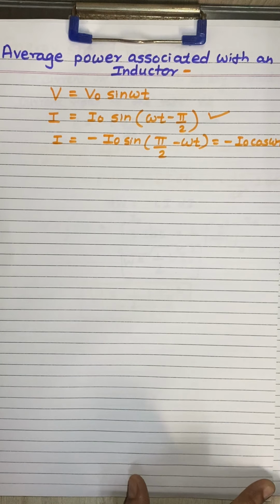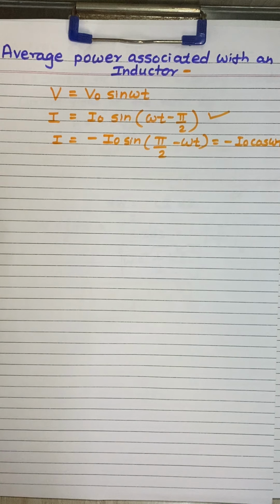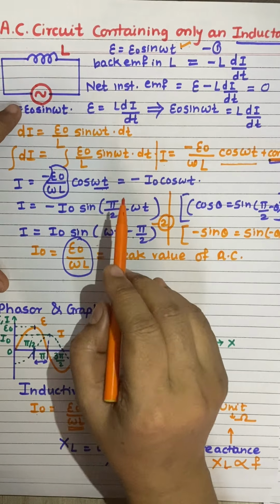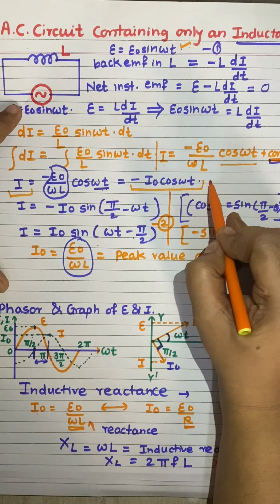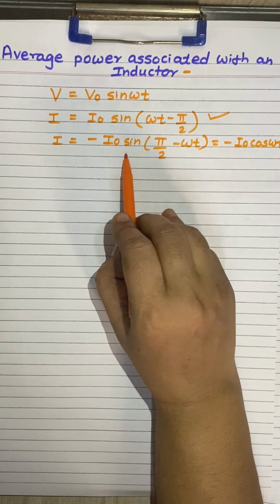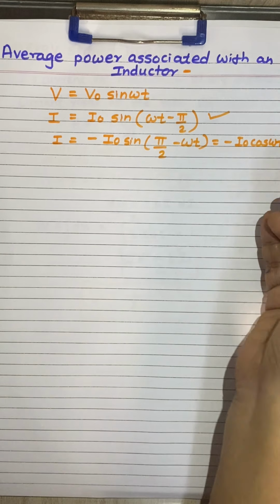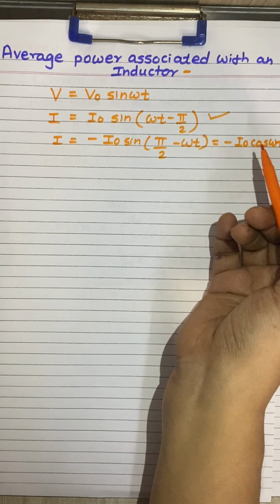Suppose I will once again find where is that equation, and I will show you so that you can understand it. Yes, actually we got this equation previously, and that only we are going to consider now, isn't it? I is equal to minus I naught cos omega t. So this expression now I am considering to find out the average power.